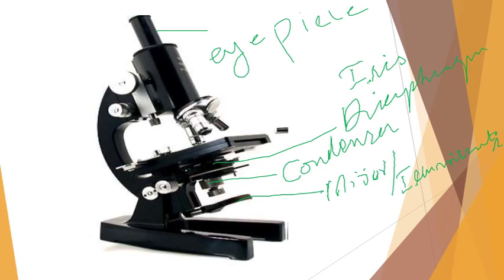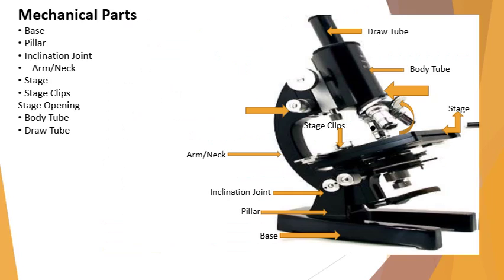This eyepiece or ocular is the magnifying part of the microscope. In addition to this we have the objective or objective lens. This objective lens is also a magnifying part of the microscope.